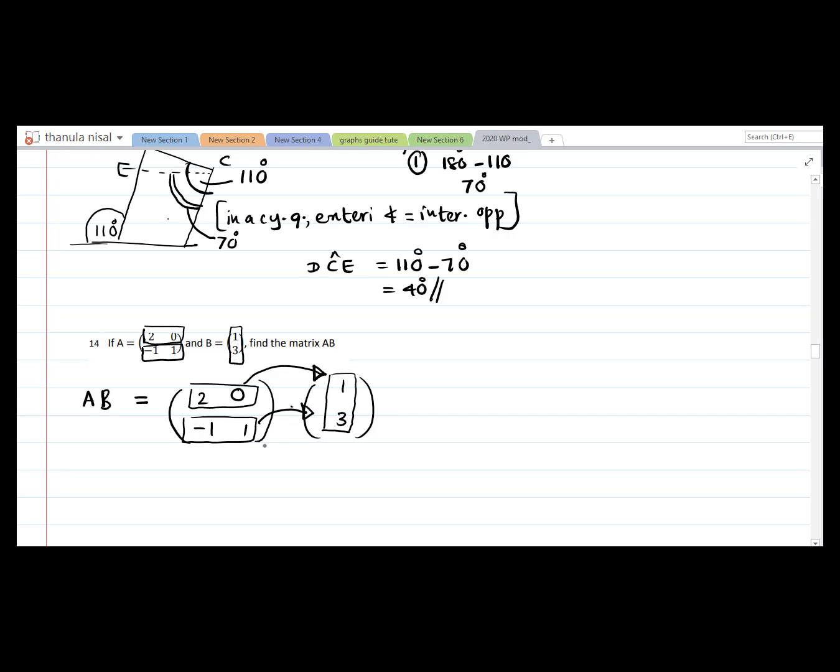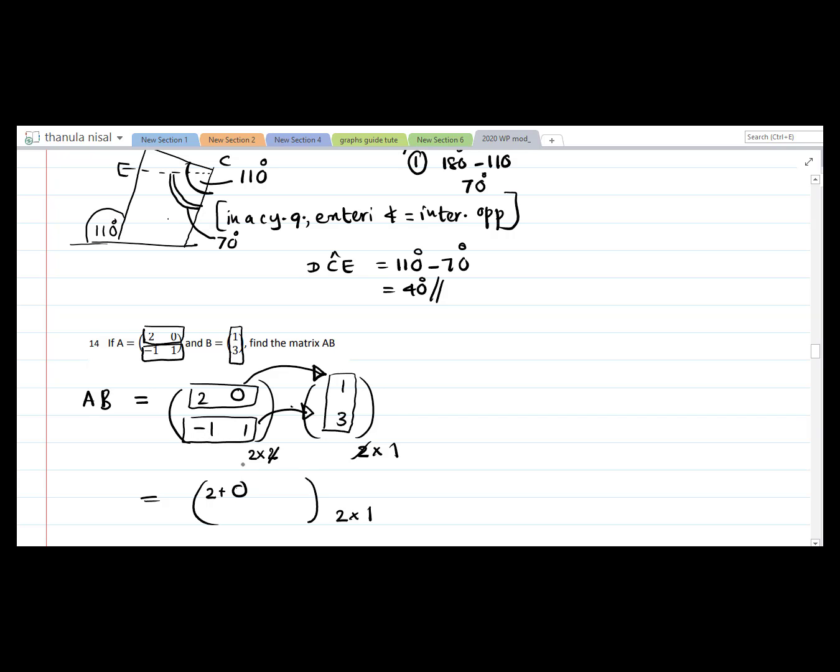Here let's write the order of the matrix. 2 by 2, here 2 by 1. Therefore the final matrix should be 2 by 1. Just multiply all of these. 2 into 1, that is 2, plus 0 into 3, that is 0.